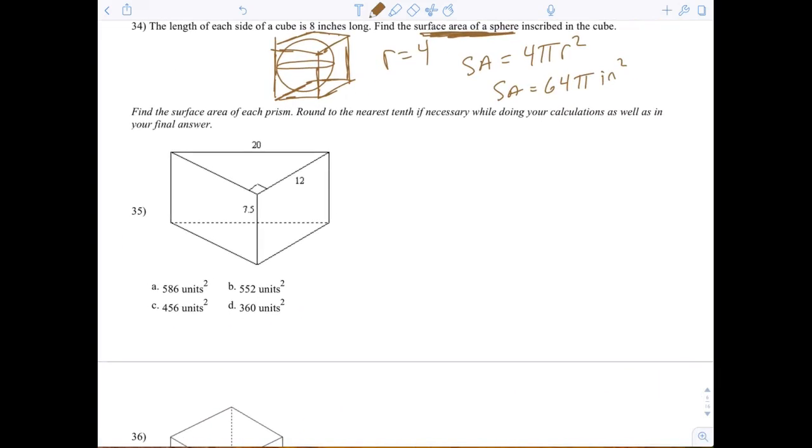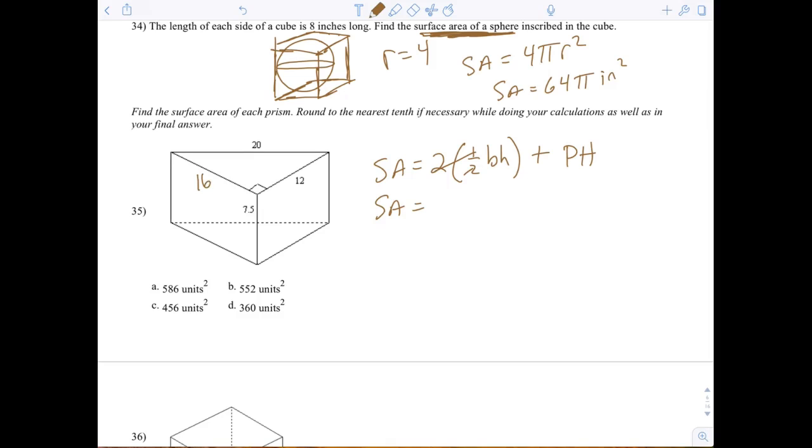Find the surface area. So, again, surface area is 2 times the area of the base. In this particular case, the base is a triangle, so it's going to be 1/2 base times height. 2 times the area of the base plus the perimeter times the height. So the height of the base is going to be... Shouldn't have to do any work on a calculator.